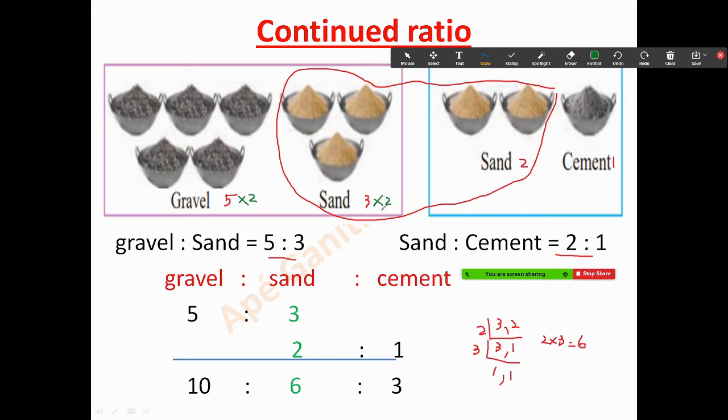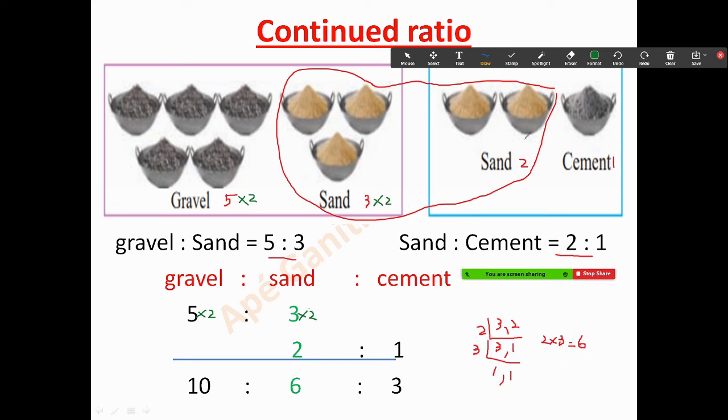Now we multiply it by 2, so this part multiply by 2 and this part also multiply by 2. Okay. Now we want to get the LCM of these two numbers. We want to get 6.